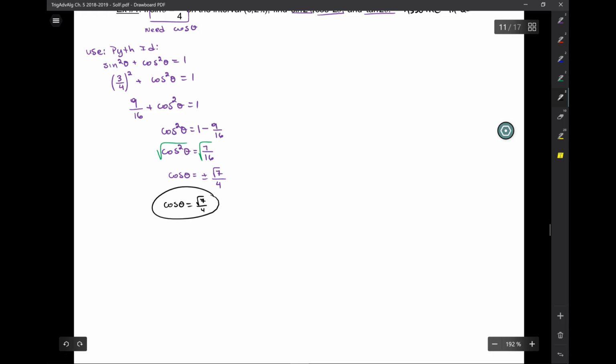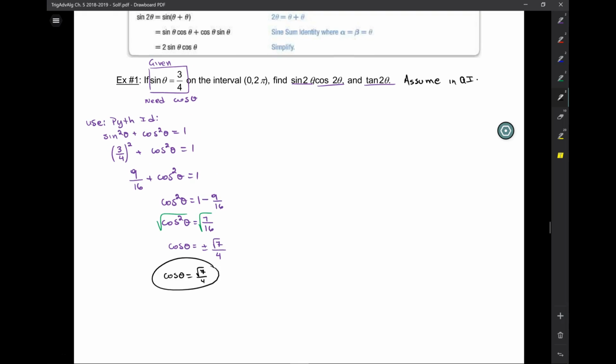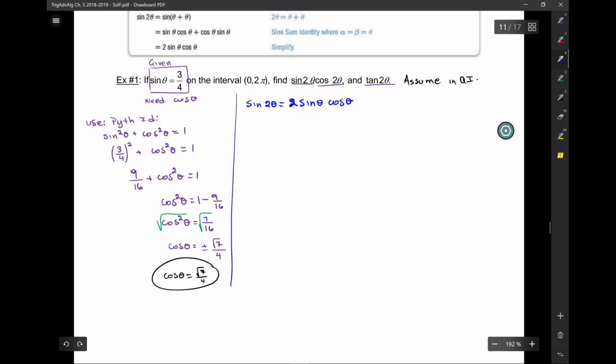Now what? Now I can say sine of 2 theta is 2 sine of theta cosine of theta. Differentiate here: this is cosine of single theta that goes in here.